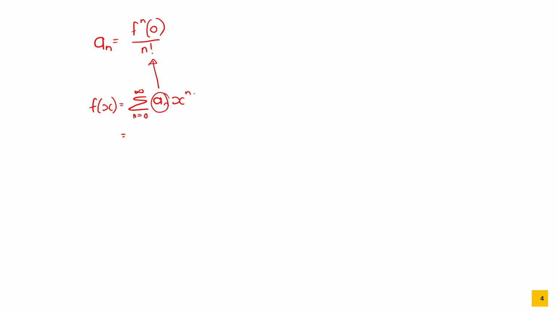So it's the sum from n equals 0 to infinity of f^(n)(0) over n factorial, x to the n. And this is a special case of the Taylor series referred to as the Maclaurin series. So it's a case where you take the approximation around x equal to 0, or about x equal to 0.